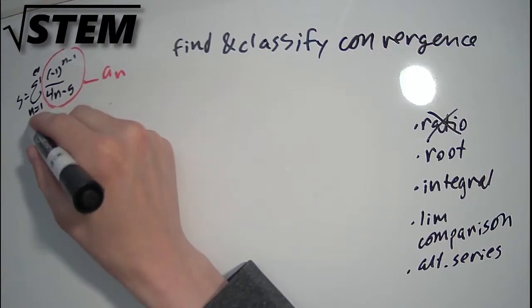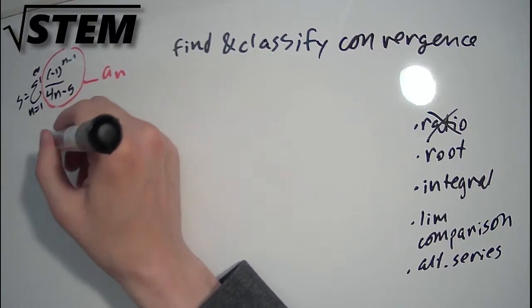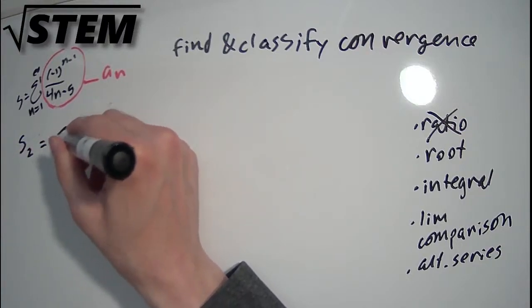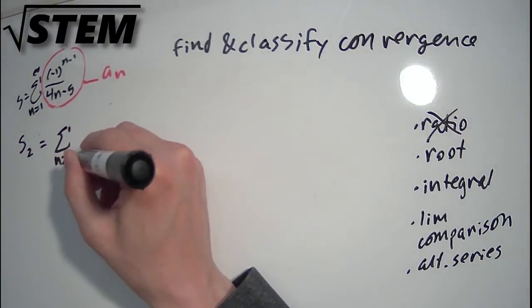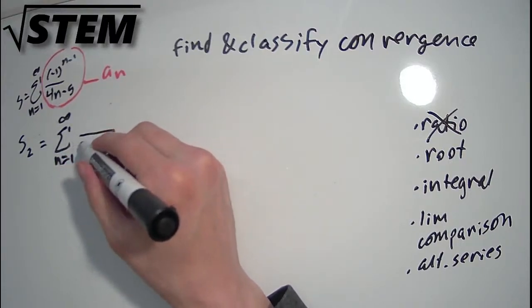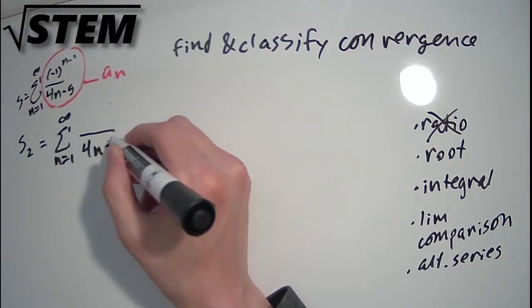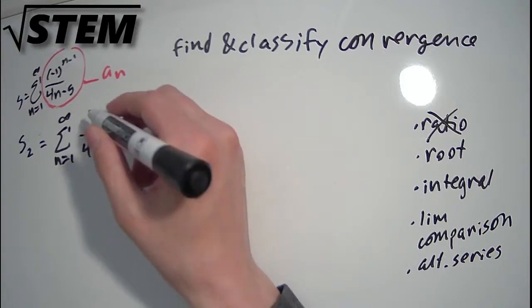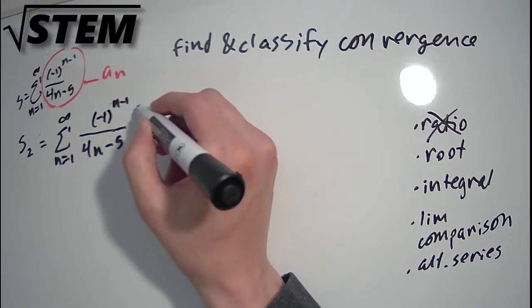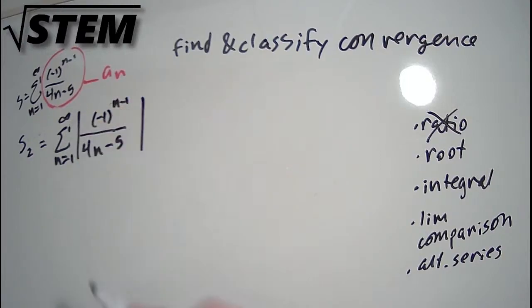So if we look at, maybe I'll call it S2 or something. So we have the same summation, but we do it for n minus 5, negative 1 to the n minus 1, all in absolute values.